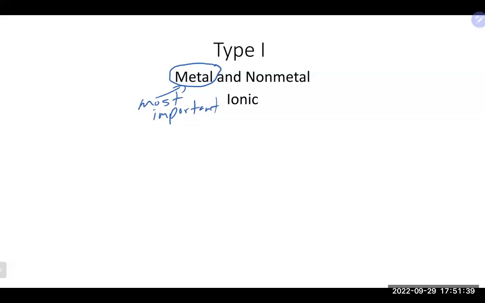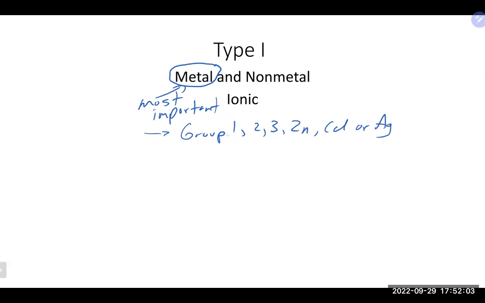And what makes this a type 1 compound is actually the location, if you will, of the actual metal. So a metal here that is from group 1, group 2, group 3, or if it's zinc, cadmium, or silver, makes this basically a type 1 compound.